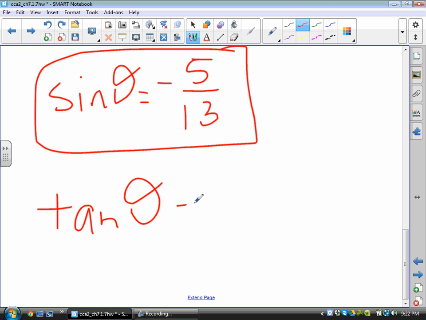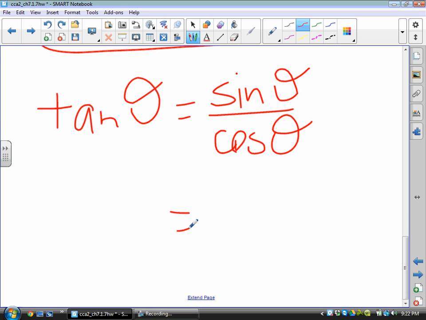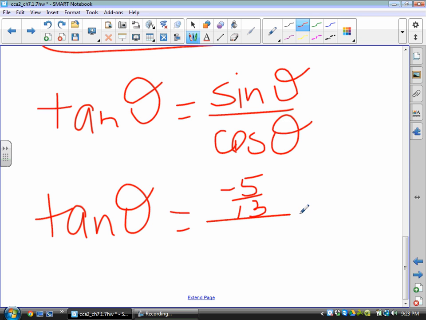Part B wants us to find the tangent of the angle. What we learned is the tangent is sine divided by cosine. We know both of these. We found the sine, and we were given the cosine. Sine was -5 over 13, cosine was -12 over 13.